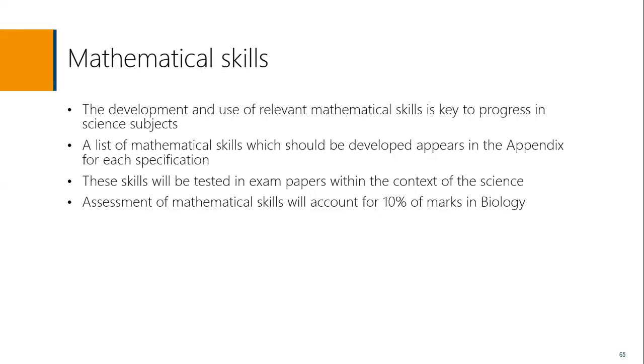They are tested on the exam paper. The list of math skills is in the appendix for each specification. They're tested within the context of the science, so the data to be used will be scientific data from biology experiments. It will be part of a question, and the math skills will account for 10% of the marks in biology.